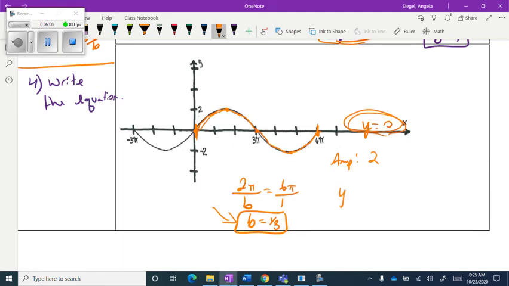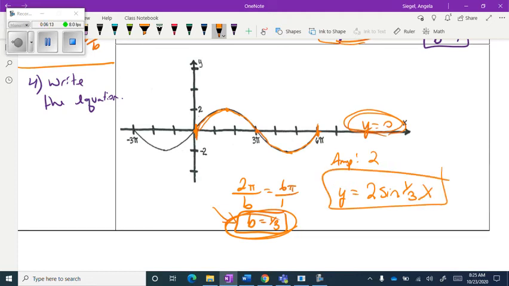So my a is positive 2. So y equals 2 sine of 1/3 x, because again, it's not shifted left, right, up, or down. If this right here were like y equals 1, then we would put that +1 out there because it's shifted up 1. But we haven't had anything like that yet.